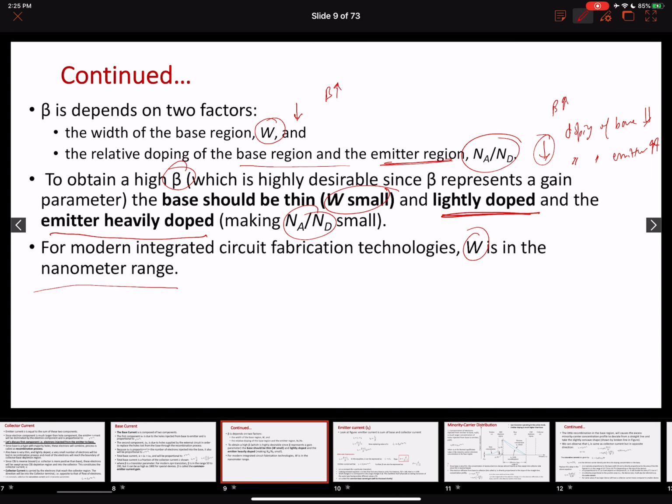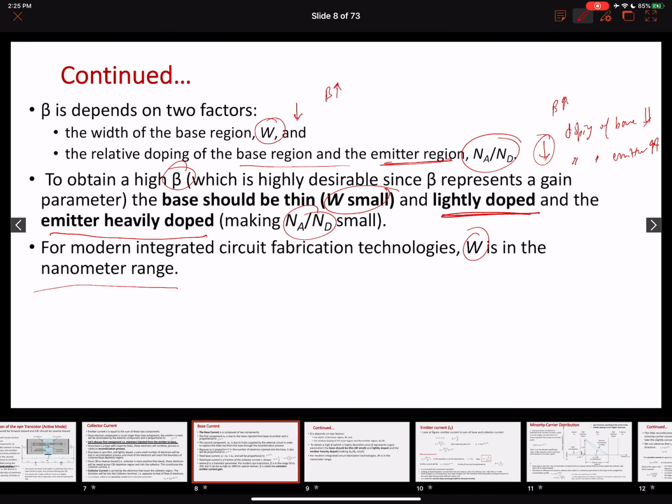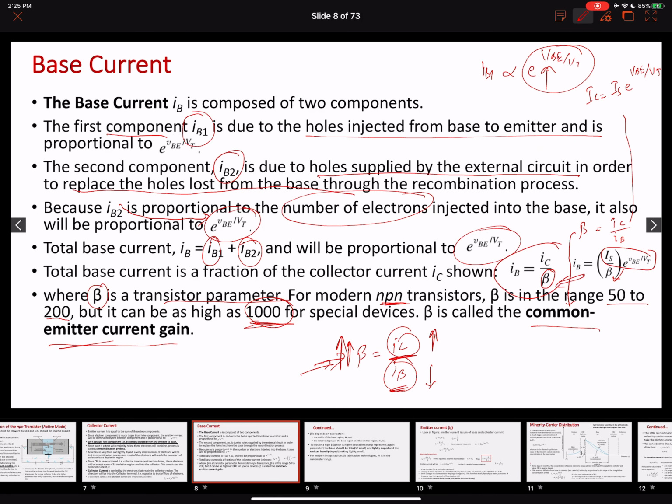As a summary, beta is the common emitter current gain, and it depends on the collector current and the base current, which are related to each other.